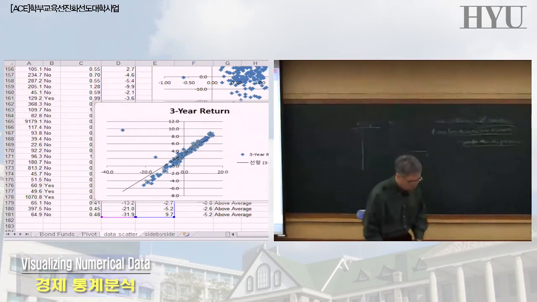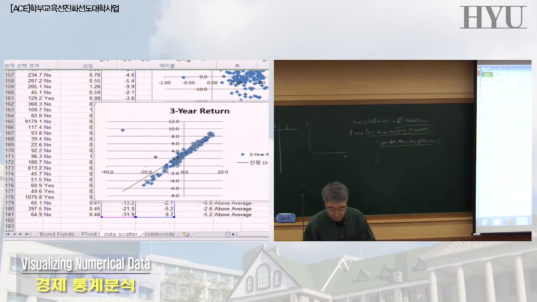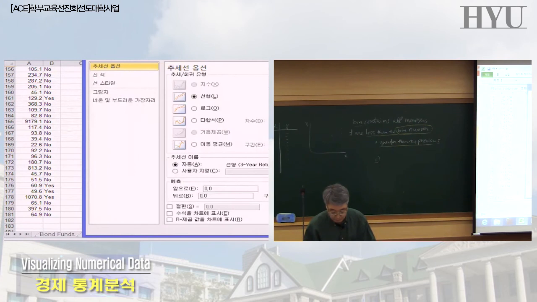So that's a nice way, but you can do a little more than that, right? Go again here, layout here. Okay. Show equation. Where is the show equation? Yeah, here. I think. Show equation.